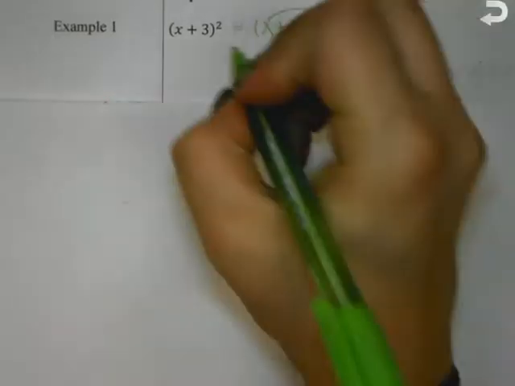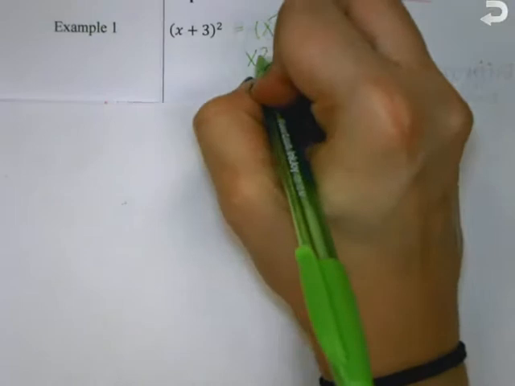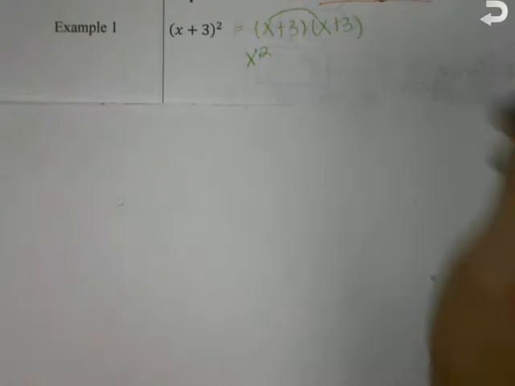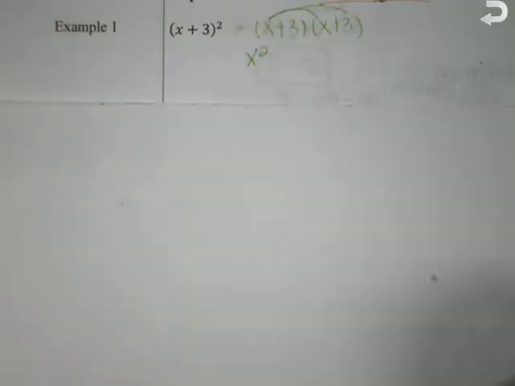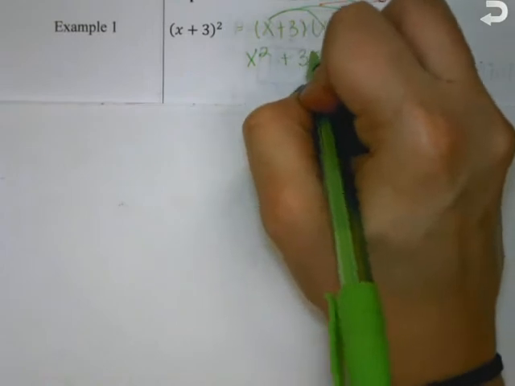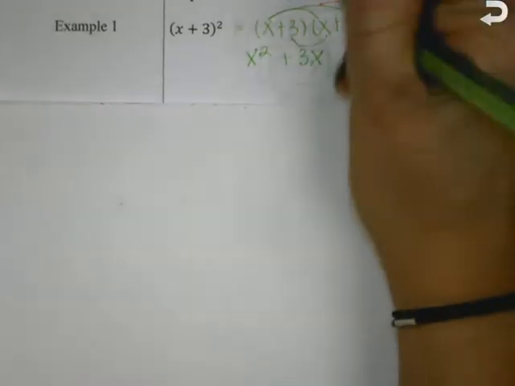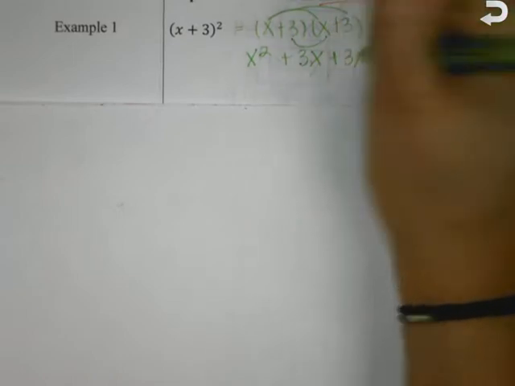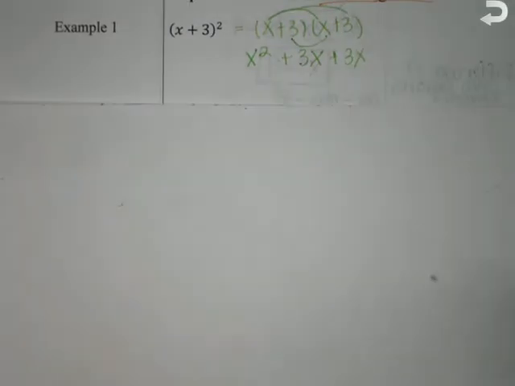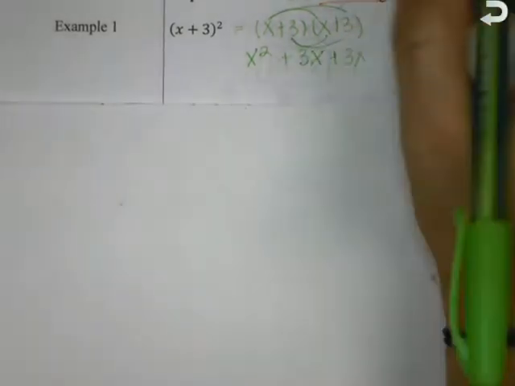So x times x gives me x squared. X times 3 gives me plus 3x. 3 times x gives me plus 3x. Do you guys see where I got the 6x from now? And 3 times 3 gives me plus 9.